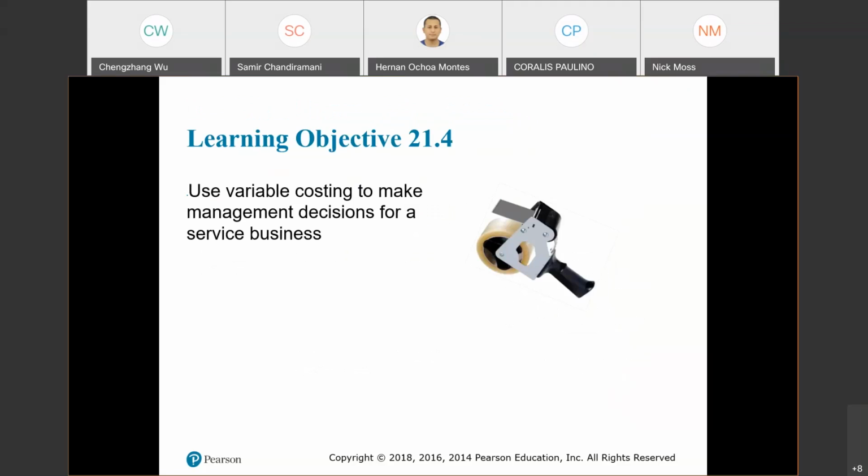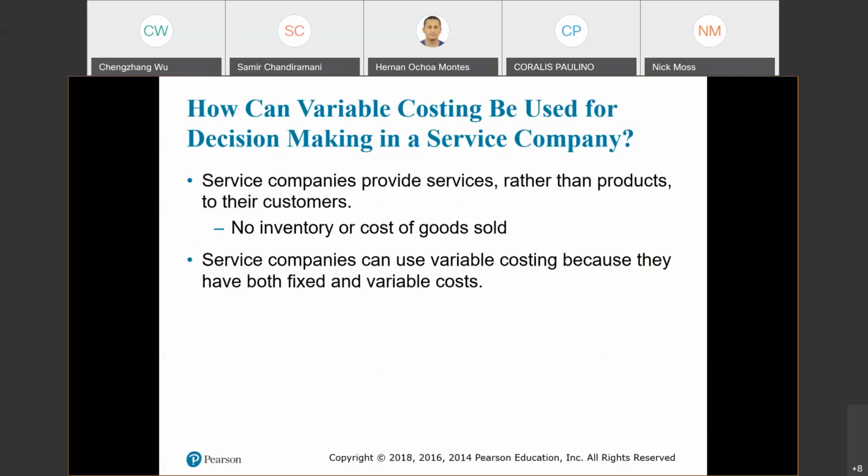When a service company is mentioned, we know that the service company provides services other than products. So, service companies do not have inventories or cost of goods sold.